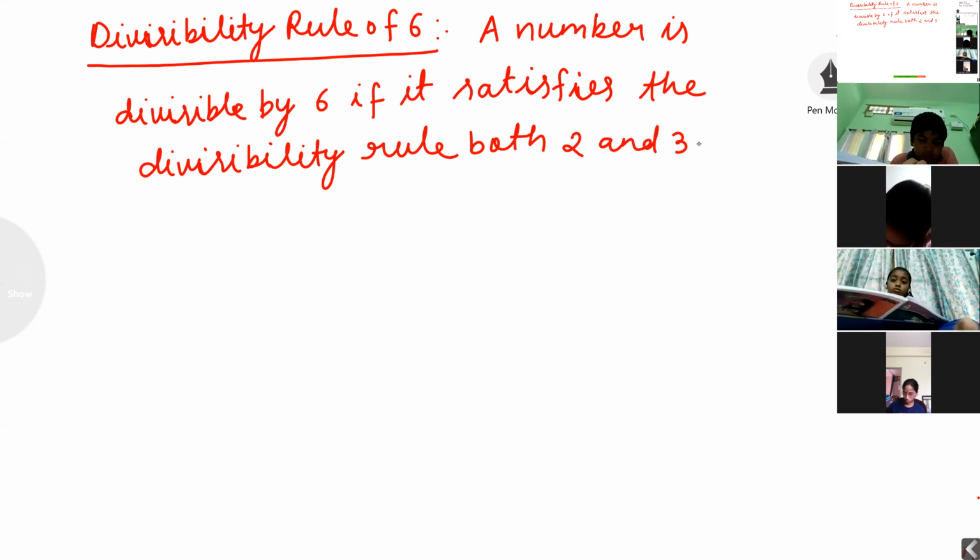How to say the given number is divisible by 6? It means that the number will satisfy the divisibility rule of 2 and 3.